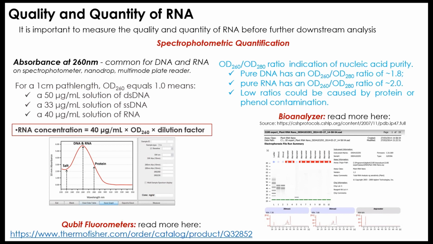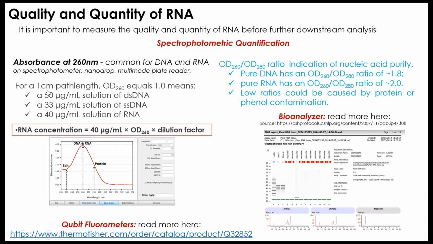The concept remains the same: absorbance at 260, which is common for DNA and RNA, gives you the concentration of the RNA and DNA. You can do it on a spectrophotometer, on a NanoDrop, or on a multimode plate reader. Everything remains the same: 260 absorbance gives you the concentration.